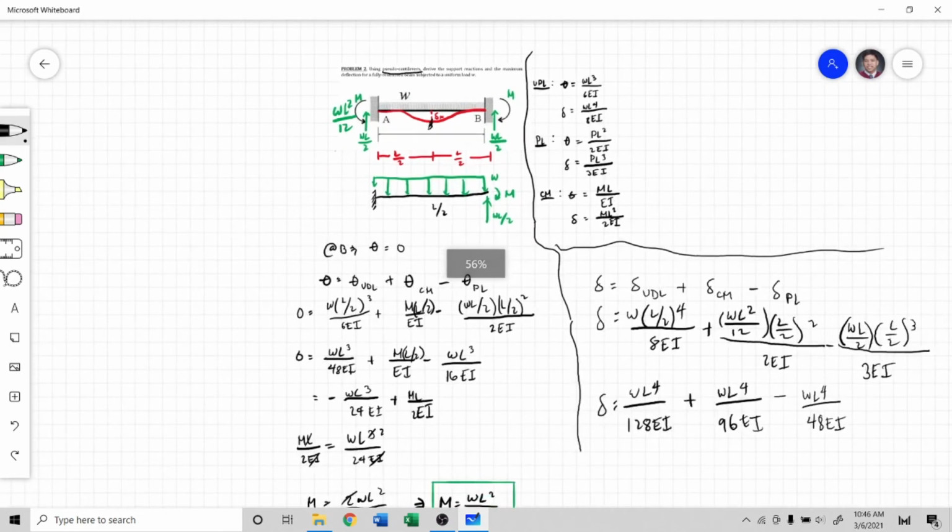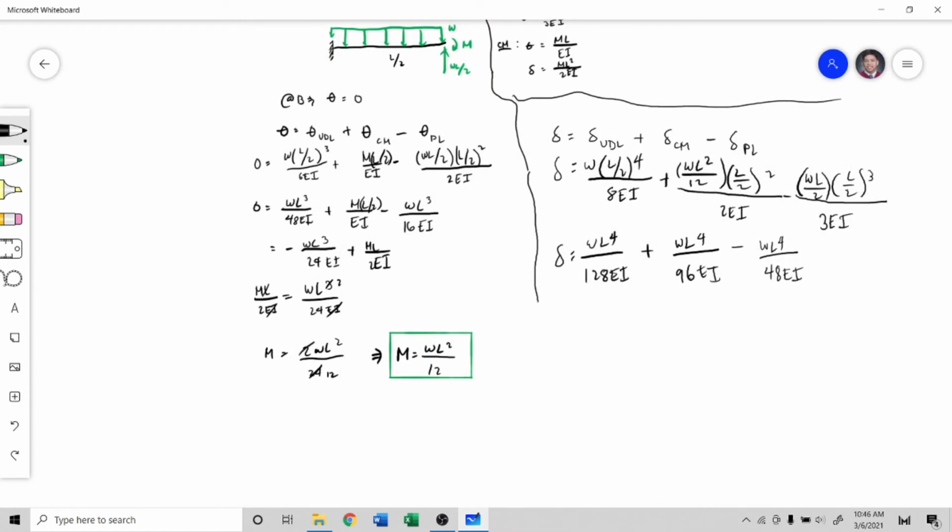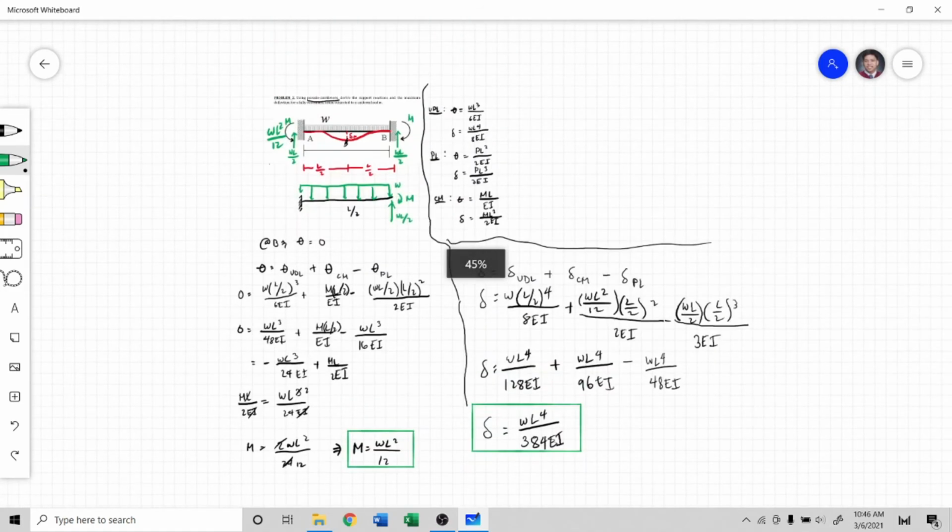Now, finally, solving this, we have delta equals omega L to the fourth over 384 EI. So, ito ang ating magnitude for the maximum deflection sa fully restrained beam under uniform load.